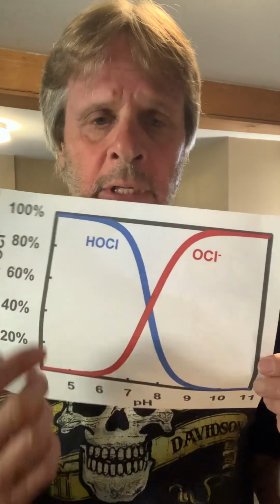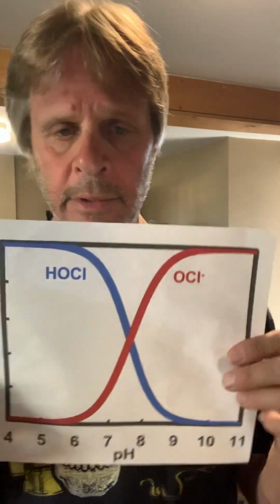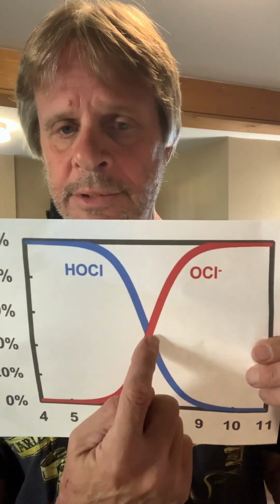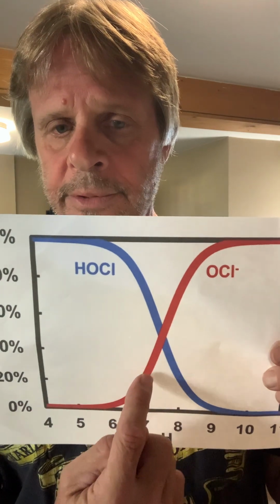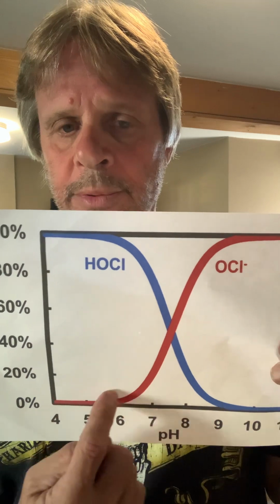And then the opposite. This doesn't stand for hypochlorous acid, but it does stand for hypochlorite. As you come down in pH, once you get past here, you're all converted to hypochlorous acid. So that's where you're releasing your free chlorine in your swimming pool.